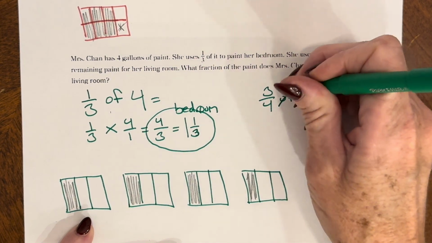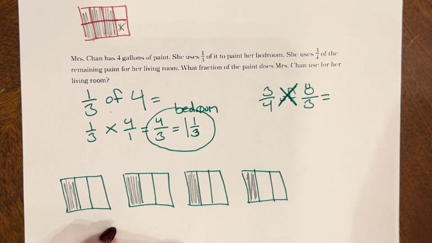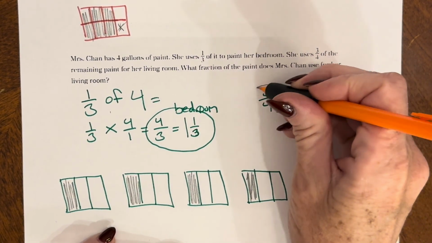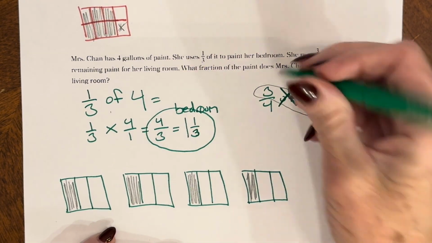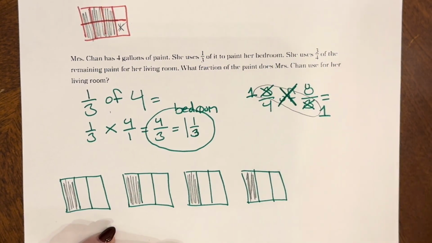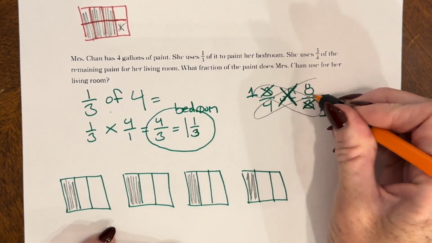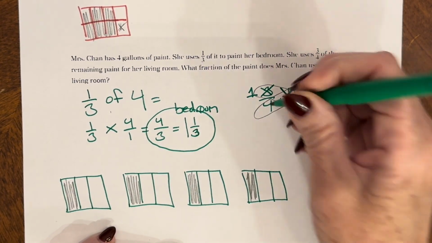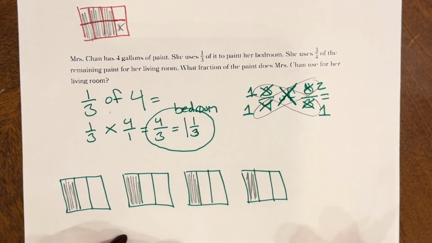Okay, so let's see. Of means times. We might want to, ladies and gentlemen, for this problem, make our problem simpler. So 3 and 3, we can say the GCF of both of those is going to be 1. And for 8 and 4, we could say that 4 can fit into 4 once and 4 can fit into 8 twice.